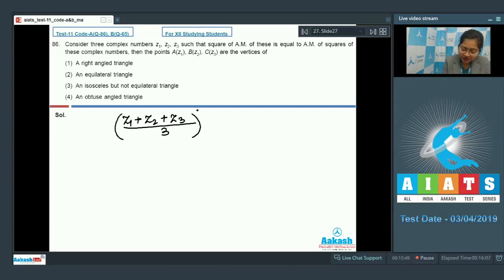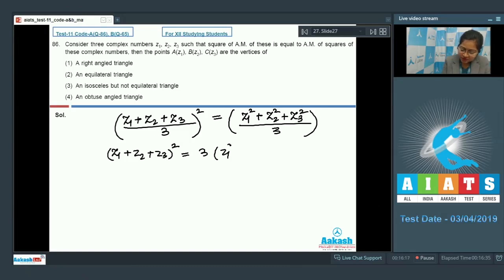So it has been given that the square of this is equal to the AM of the squares of the complex numbers. If we take the AM of the squares, it will be this one, right? Now that is equal to: (z1 plus z2 plus z3) whole square equals 3 times (z1 square plus z2 square plus z3 square), right?